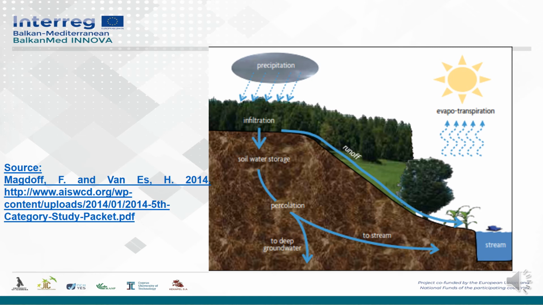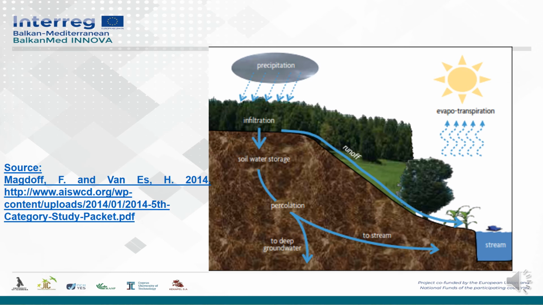The water that comes through the runoff is going down the slope to arrive at the stream. So when the soil has good structure, it has good permeability.